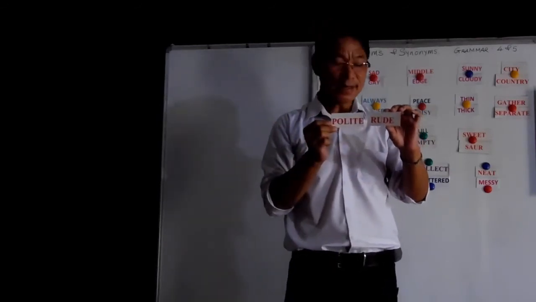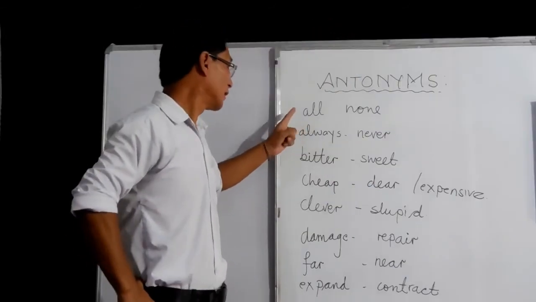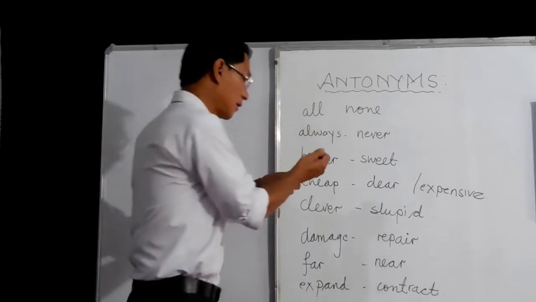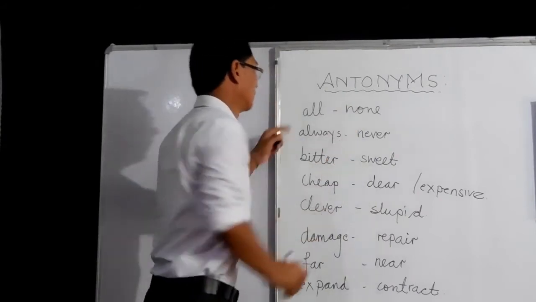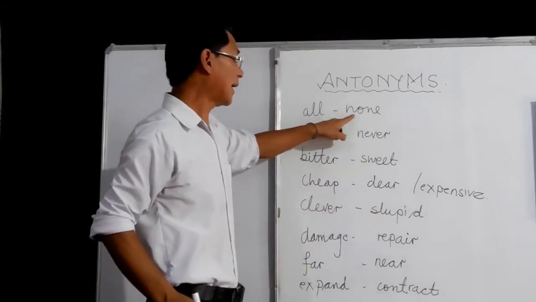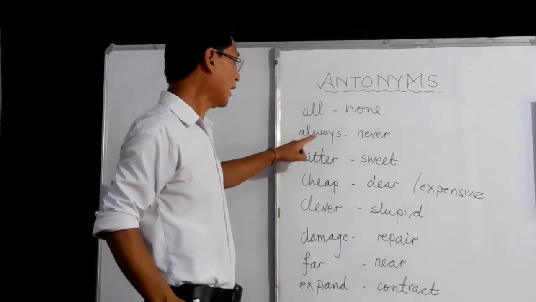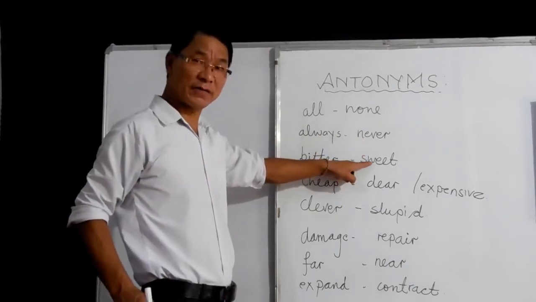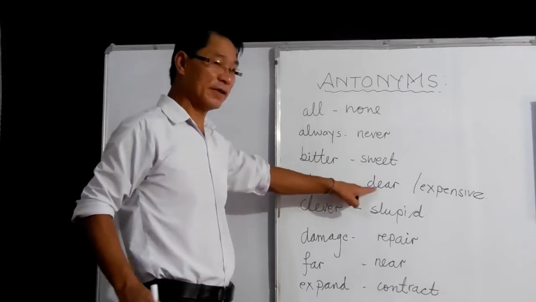So polite and rude are opposite words. There are some antonyms, and these are all, none. A-L-L, all, N-O-N-E, none. Always, never, I think I've done this one. Bittersweet, also I've done this one. Cheap and dear.